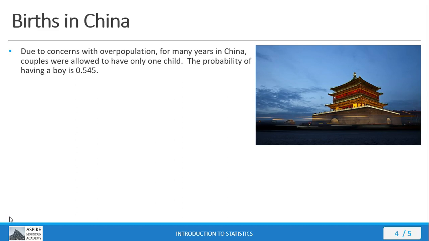Really horrible what was going on. Recently, China reversed this policy, so now Chinese couples are allowed to have more than one child. But let's say the probability of a Chinese couple having a boy with a single birth is 54.5%.